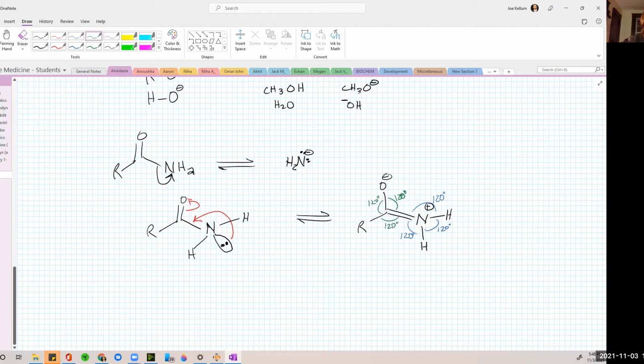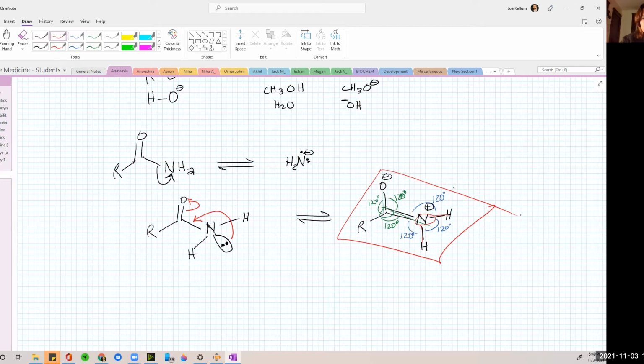If both of these are trigonal planar, that means that each one and all of its substituents exist in a single plane, you don't have to go into a third dimension. So this carbon and all of its substituents, nitrogen, oxygen, R group, are all in one plane, and this nitrogen and all of its stuff is in one plane. So the whole thing is a flat molecule, all existing in one plane.